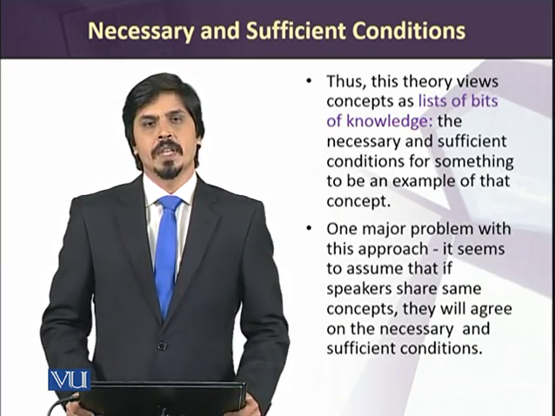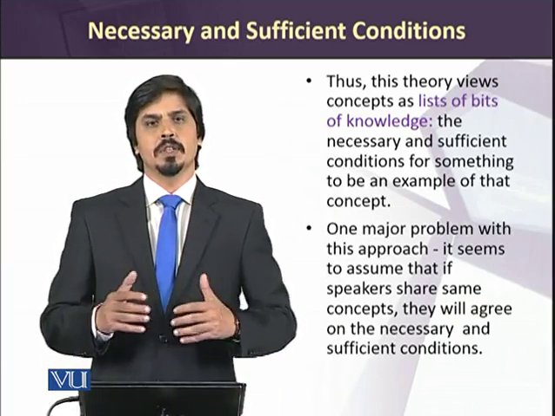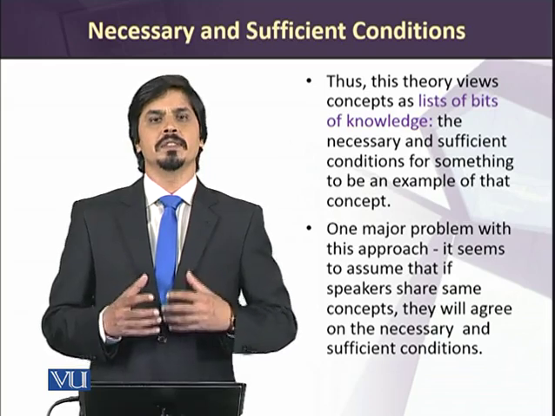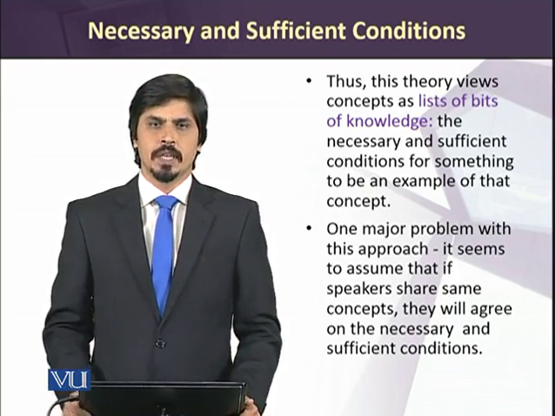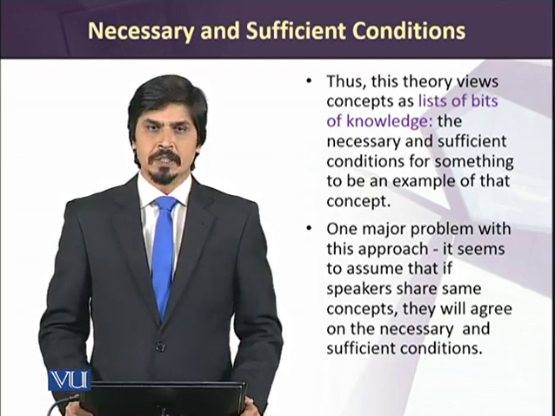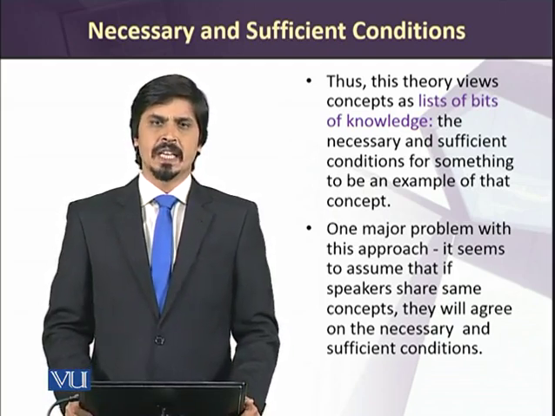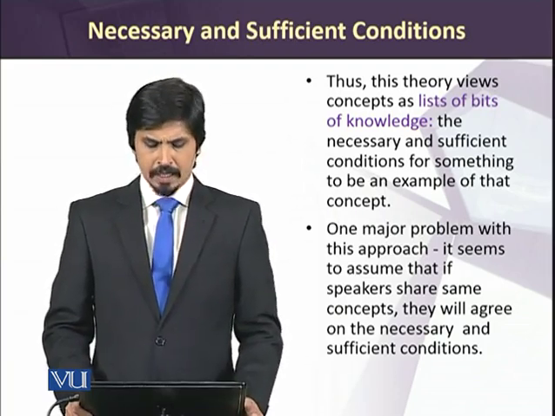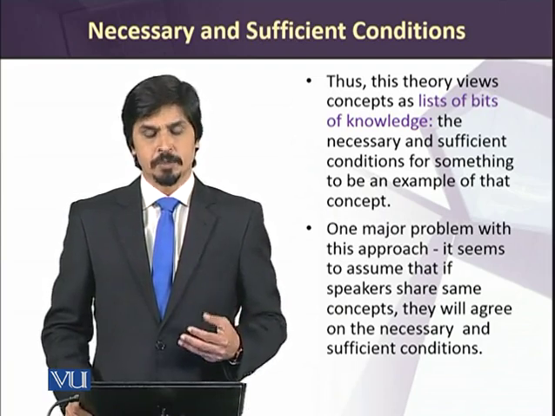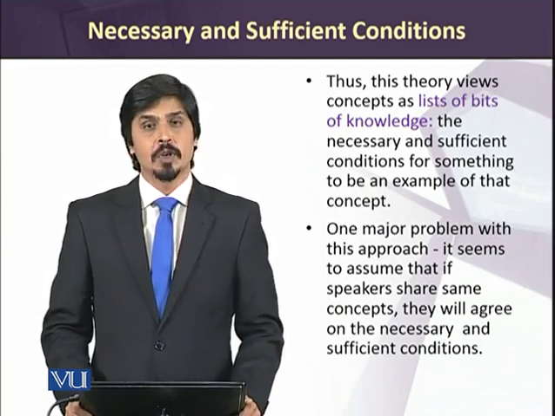In this theory, we can see that the knowledge about a certain thing is gathered in a list of attributes or in a list of bits of knowledge, which may be seen as one of the drawbacks of this theory. And it also assumes that speakers share the same concept.